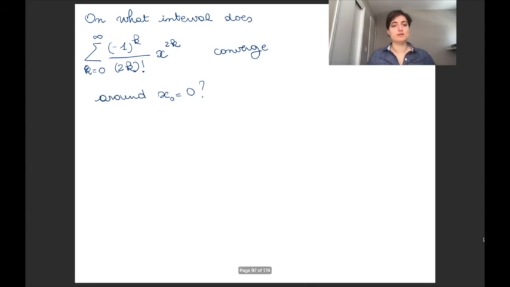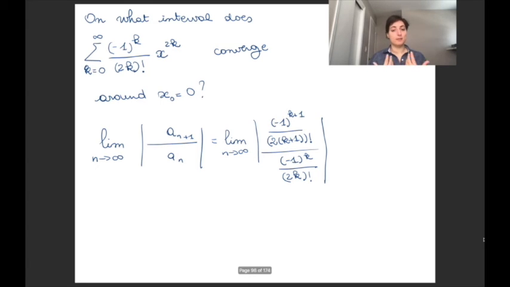So applying this theorem, we ask ourselves, where does our power series that corresponds to the cosine converge? We're going to just apply the theorem. The theorem asks us to compute the limit for n tending to infinity of the absolute value of a n plus 1 divided by a n. So we compute this limit.